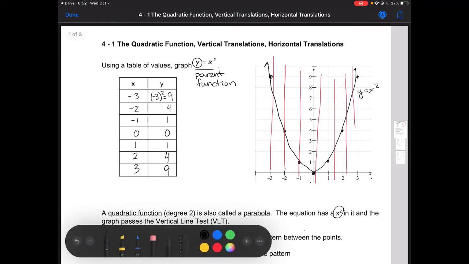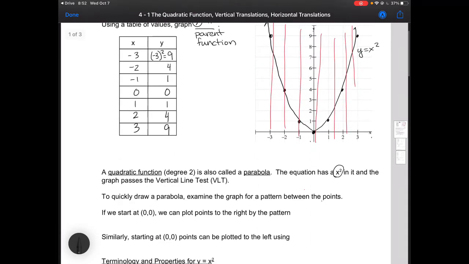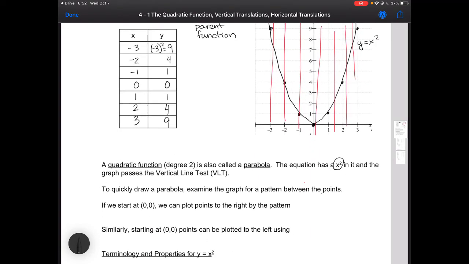To quickly draw a parabola, we can find a pattern between the points. If we start at 0, 0, we can plot points to the right by using the pattern over 1, up 1, over 1, up 3, and then over 1, up 5.